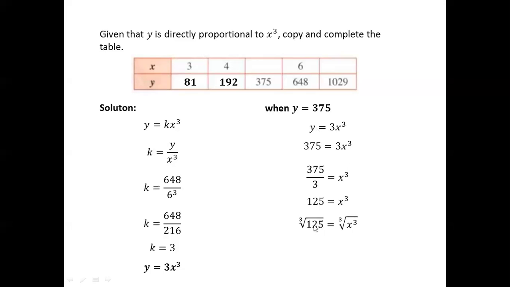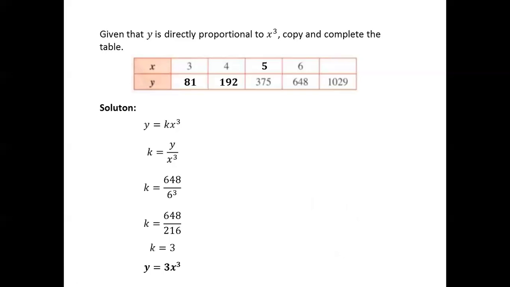Now, if you're having difficulty getting the cube root of a number, you can express this number in terms of its prime factors. For 125, the prime factors will be 5 times 5 times 5. Of course, the cube root of x cubed will be x. Here, we can see that the cube root of 125 will be 5. That means when y is equal to 375, x is equal to 5.